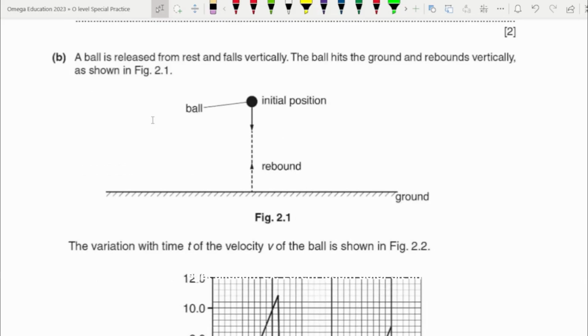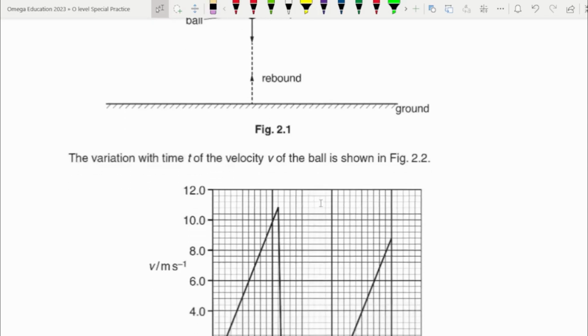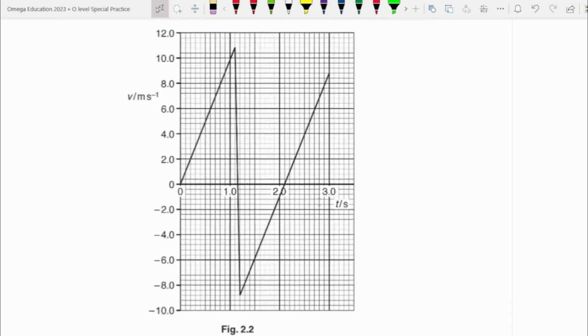A ball is released from rest and falls vertically. The ball hits the ground and rebounds vertically, as shown in figure 2.1. The variation with time t of the velocity v of the ball is shown in figure 2.2. So everything that you need to know about the speed of the ball as it falls on the ground and as it rebounds is given on this graph.